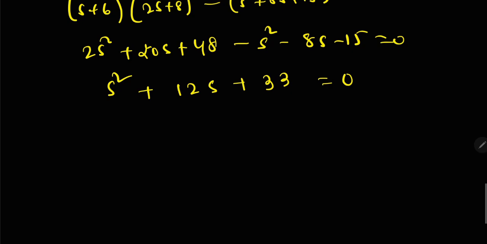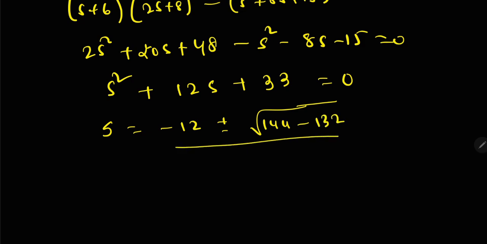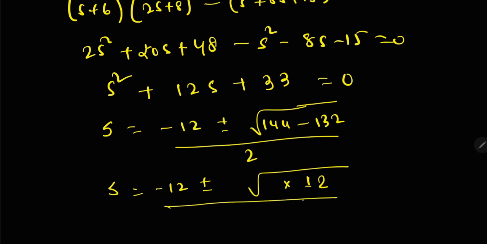Now s is equal to minus b plus minus root under b square minus 4ac upon 2a. 2 2 are 4 and 3 1 4 upon 2.